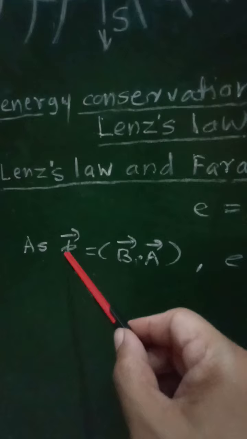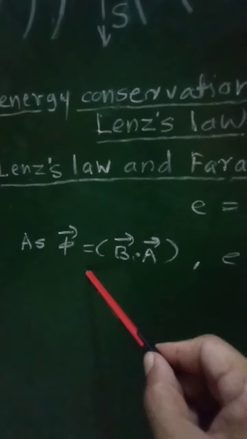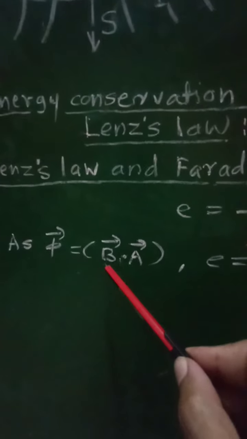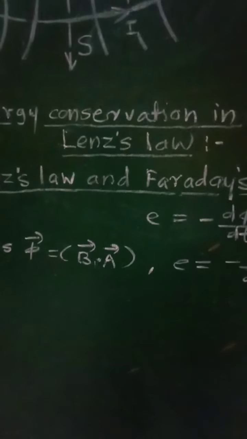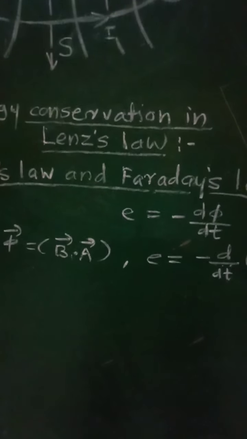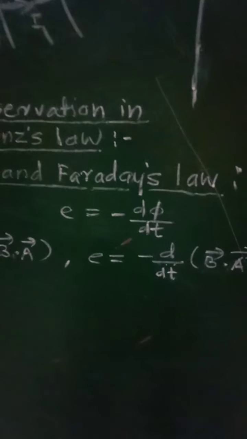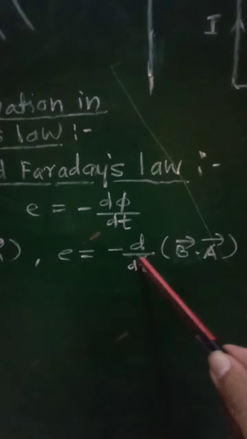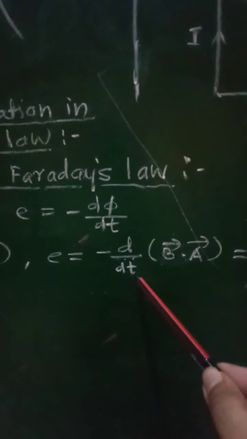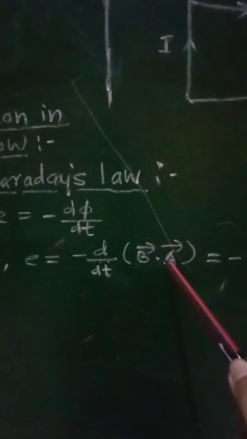Therefore magnetic flux is equal to the product of magnetic field and area vector. And therefore, as phi is equal to B dot A, Faraday's law can be written as E is equal to minus d by dt of vector B dot vector A.